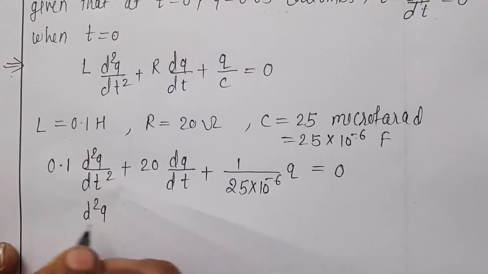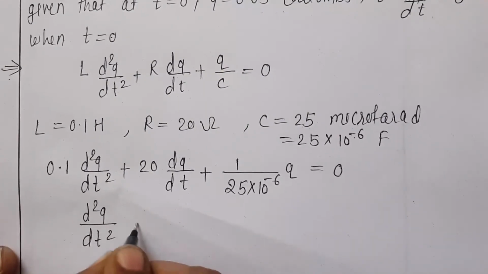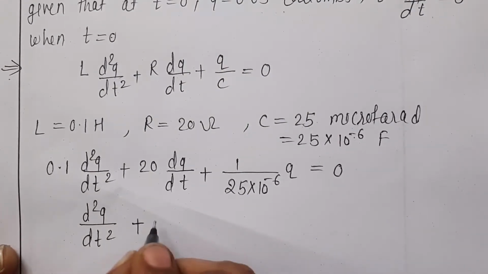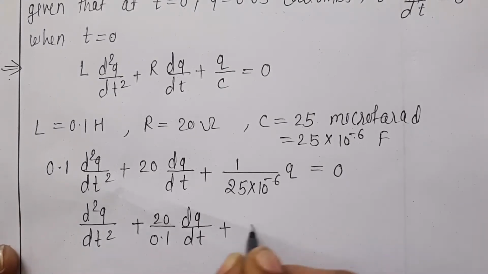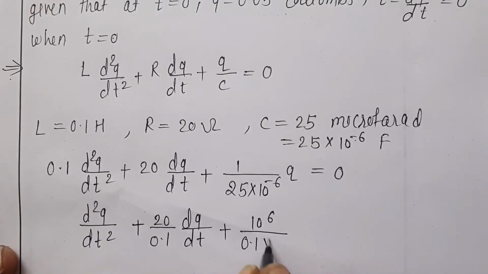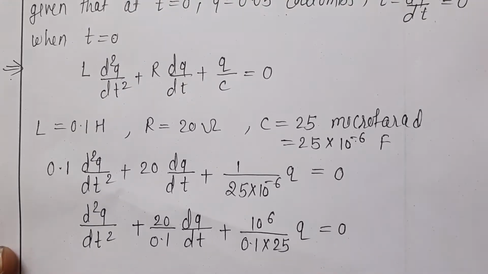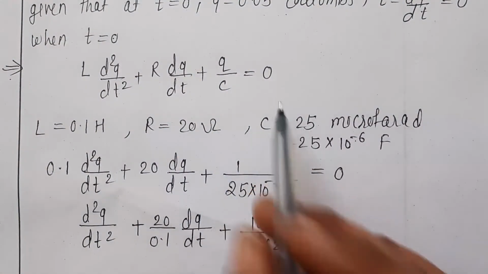So d2q by dt square plus 20 divided by 0.1 dq by dt plus 10 to the power 6 divided by 0.1 into 25 q is equal to 0. Here the right hand side is 0, so only CF will be the solution of this differential equation. Here the applied EMF is 0.